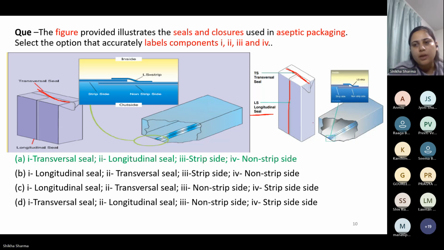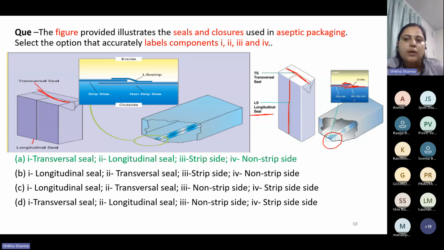And if we open the packet and see this part inside this longitudinal seal, there will be one strip like this, and an LS strip will be there. The longitudinal strip will be like this. There are two sides: one is known as the strip side and another is the non-strip side.